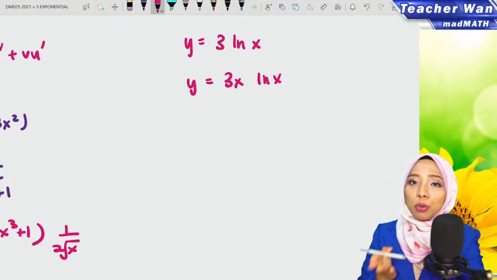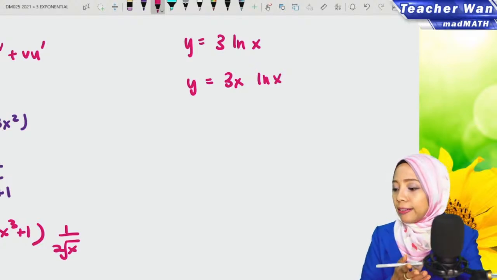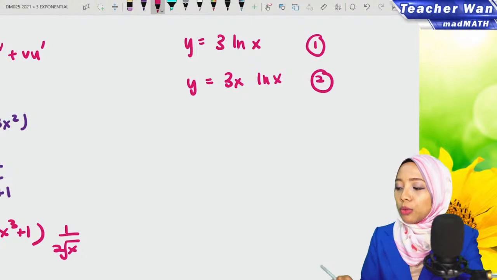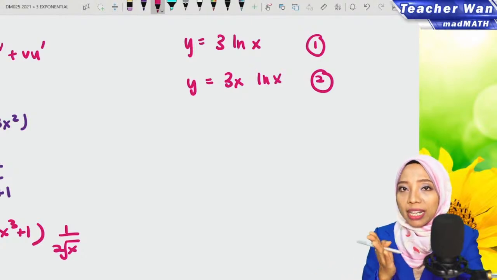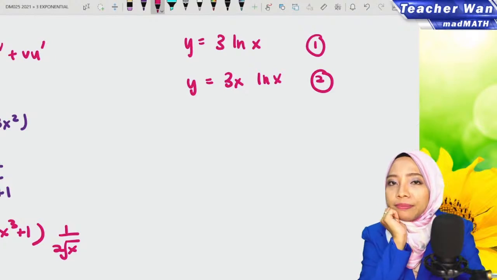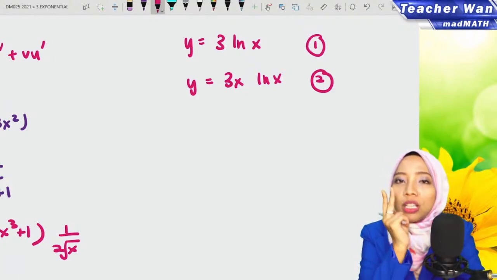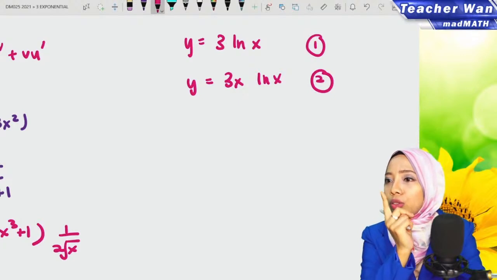Which one is product rule? Which one has a constant? Number 1 and number 2, which one consists of two functions whereby you need to use product rule? 1 or 2?